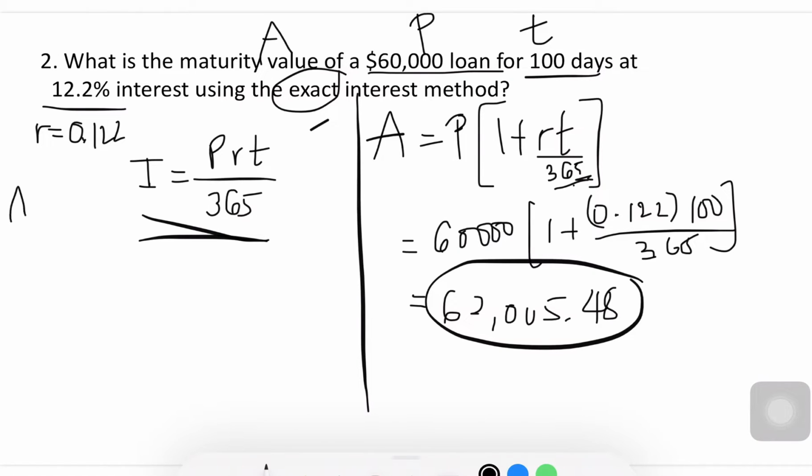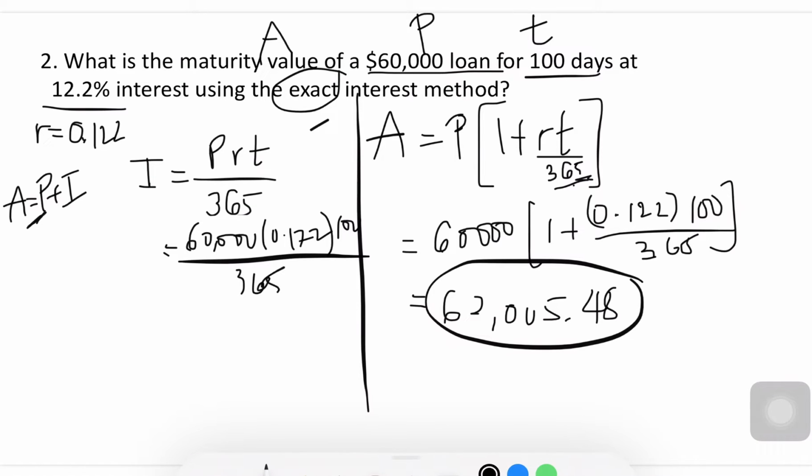Now if you want to use A equals P plus I, we're given P, but we're not given I, so we can use this equation. Our P is 60,000 times our rate 0.122 times our time, 100 divided by 365, and you will get 2,005.48.